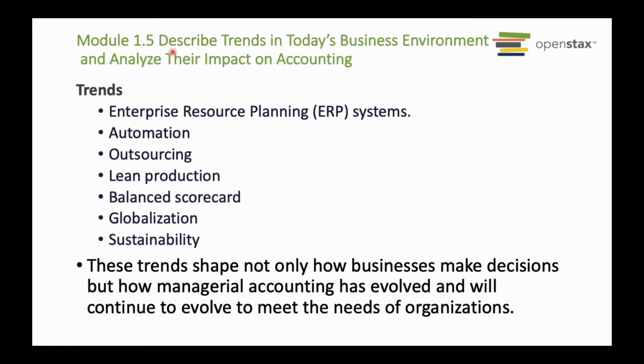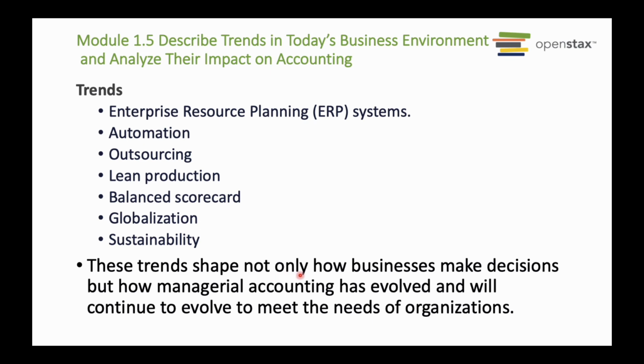Objective 5. Describe trends in today's business environment and analyze their impact on accounting. The major trends prevalent in today's business environment are enterprise resource planning systems, automation, outsourcing, lean production, balanced scorecard, globalization, and sustainability.